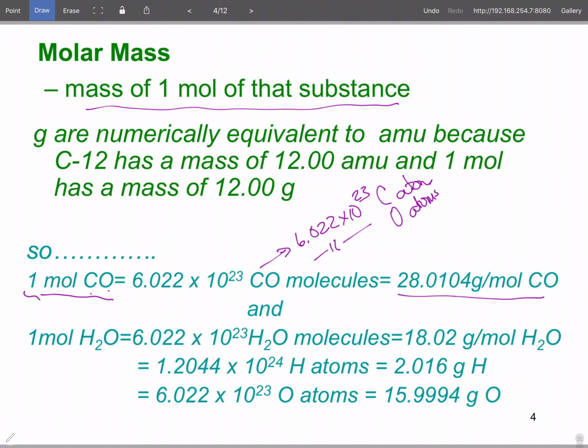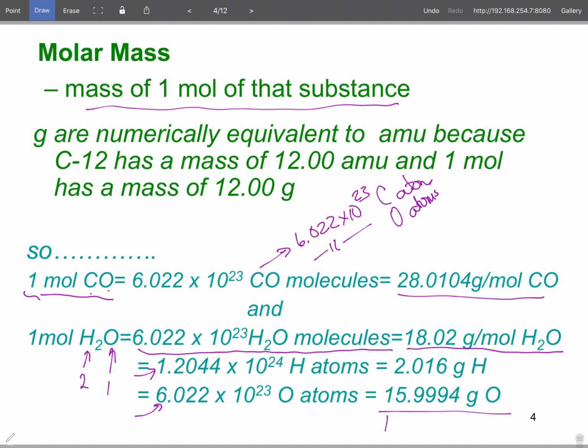In the case of water, this is not true because hydrogen is 2 for every 1 oxygen. So you still have 1 mole of water molecules, which has the mass of combining 2 hydrogen plus 1 oxygen. But if you take it apart, we have double the amount of the hydrogen atoms to 1 mole of the oxygen atoms, which is where we get our total mass.